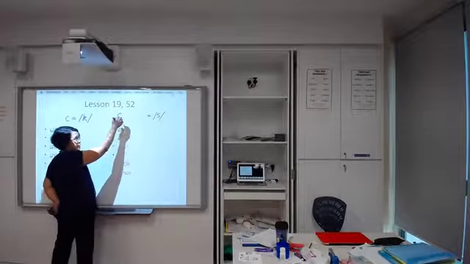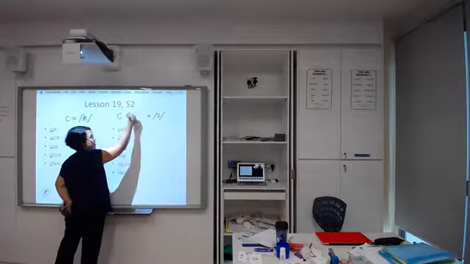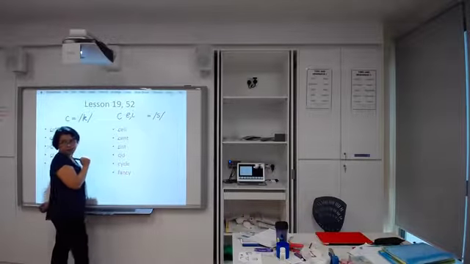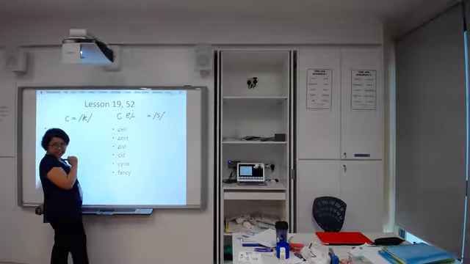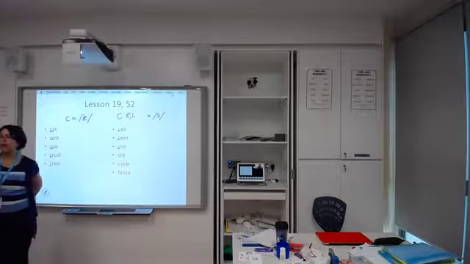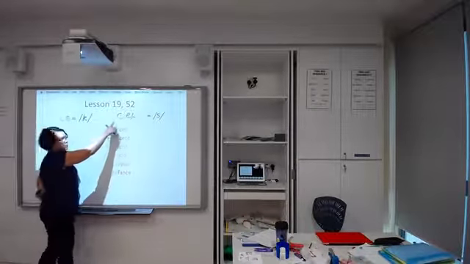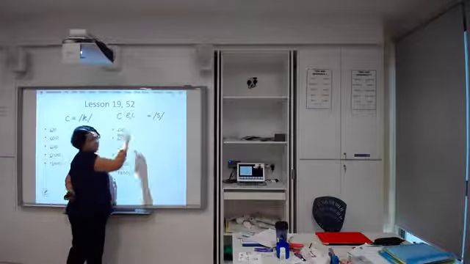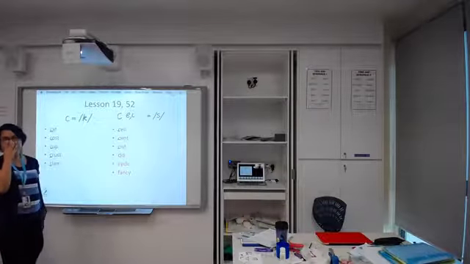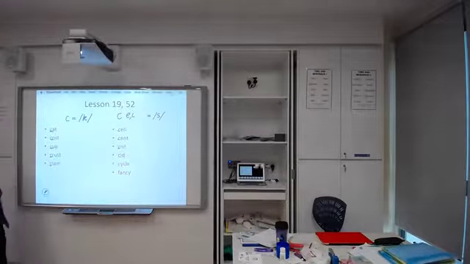If you see the C before an E or an I, it will make S. So instead of saying make an S sound, you actually give the sound. If you see a C before E or I, it will make S. Now, how about this side?